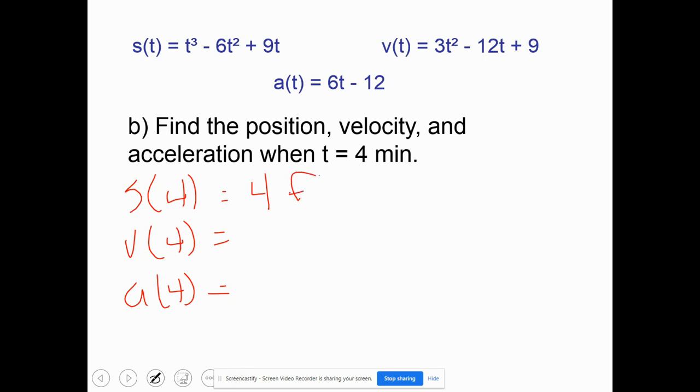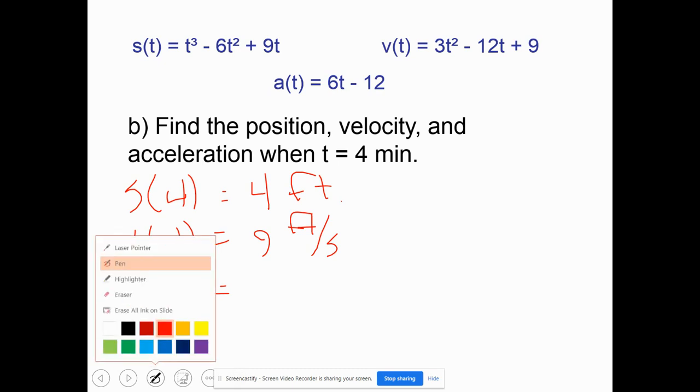And the units here, I believe, were in feet. For v of 4, you should get 9 back. And the units here would be feet per, it wasn't second, it was minutes.